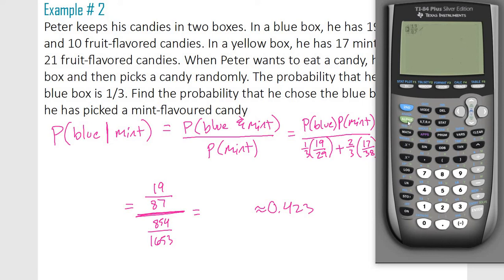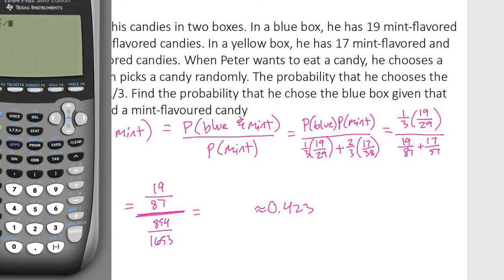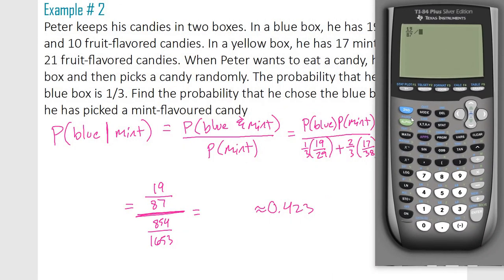Oh, dang it, I meant to hit alpha. Alpha y equals, enter, then my other fraction is 854 divided by 1653, and we get 361 over 854.